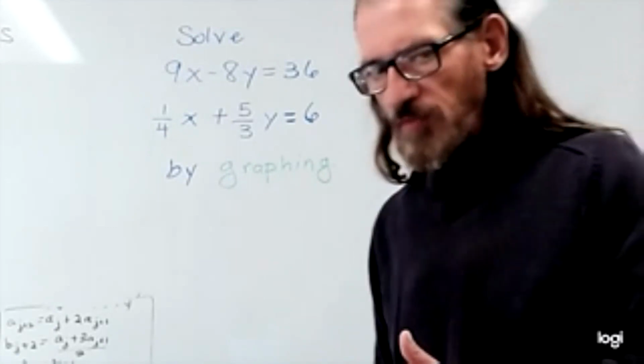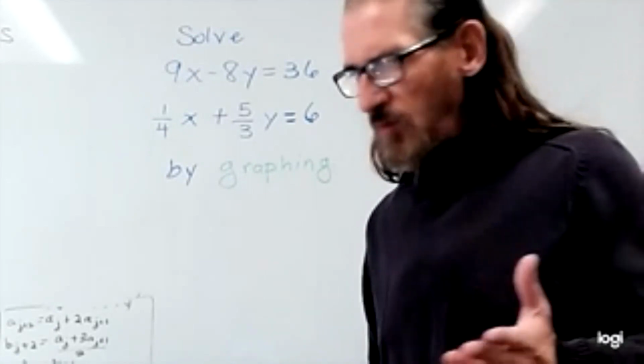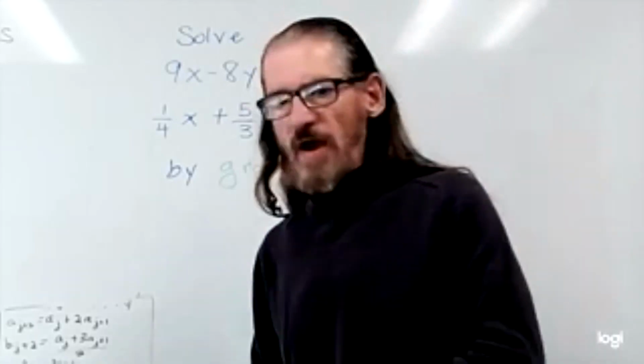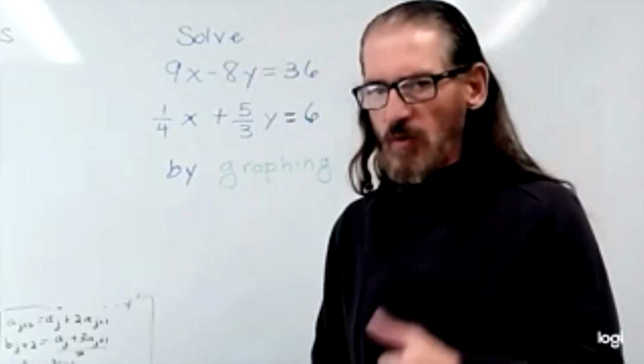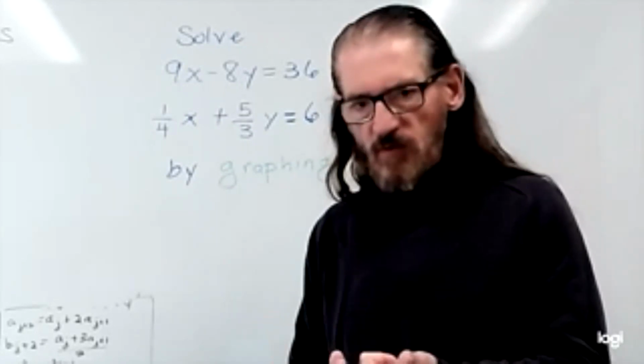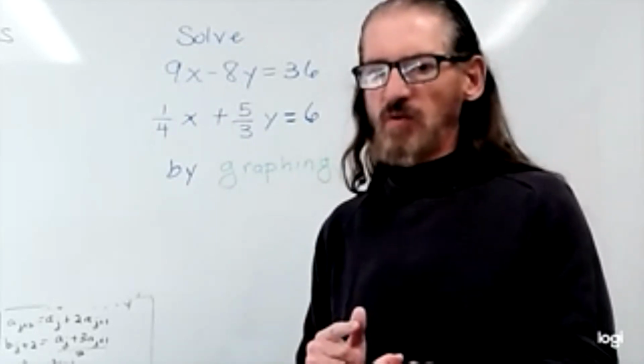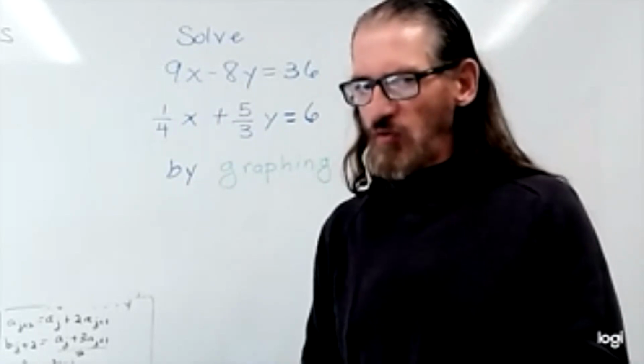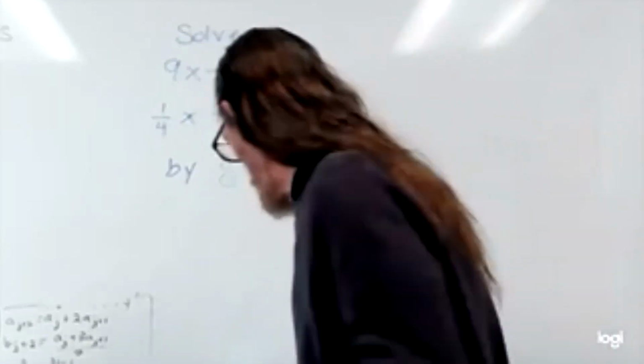A picture is worth 1,000 words, but sometimes we've got some messy coefficients here, number one. And number two, the graphing is going to be messy. It's going to be hard to see where these lines cross, if they cross at all.